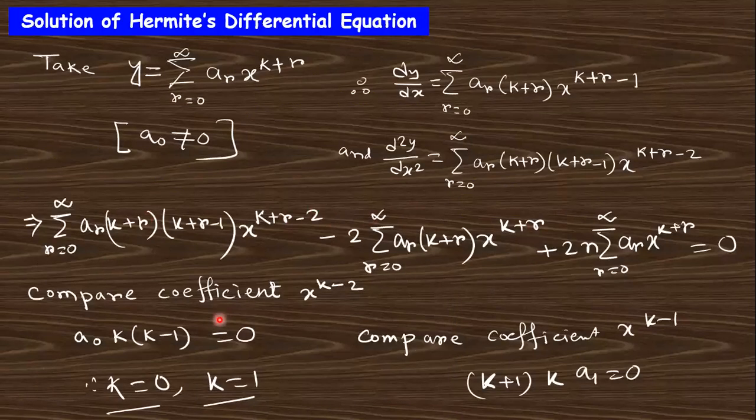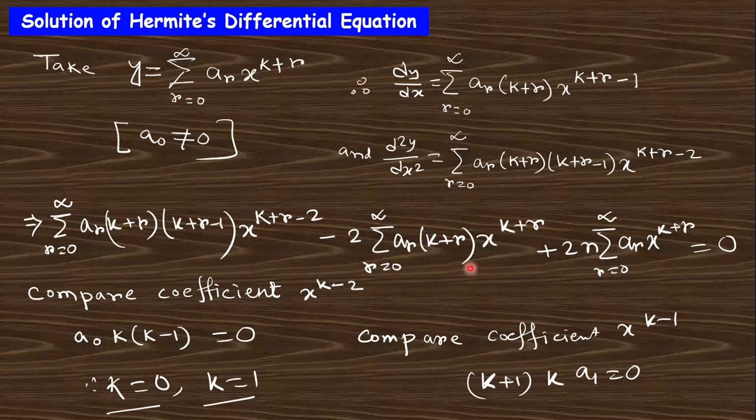relation. After that, if you want to compare the coefficient of x to the power k minus 2, that is, put r equal to 0, you get x to the power k minus 2. Here you get a0 times k into k minus 1, and in the other part there is no x to the power k minus 2, because we cannot put r equal to minus 2 since r starts from 0.